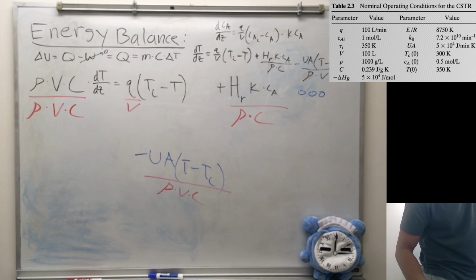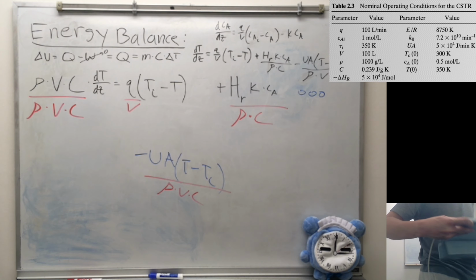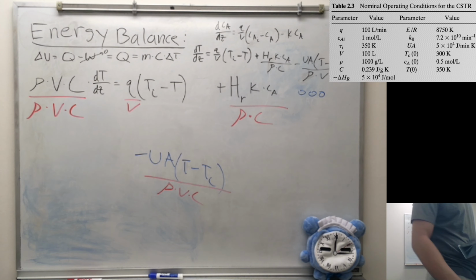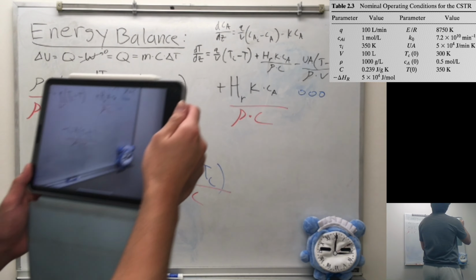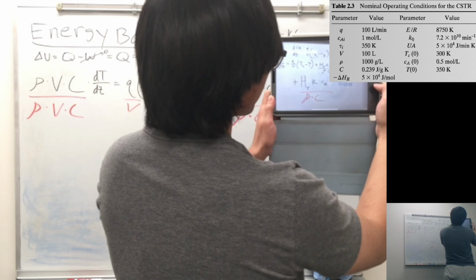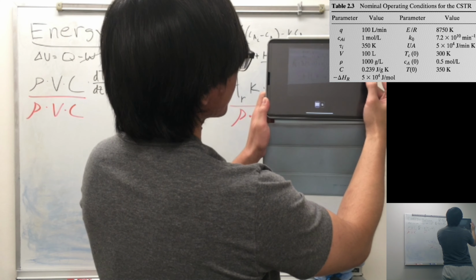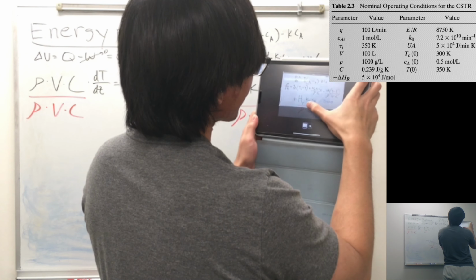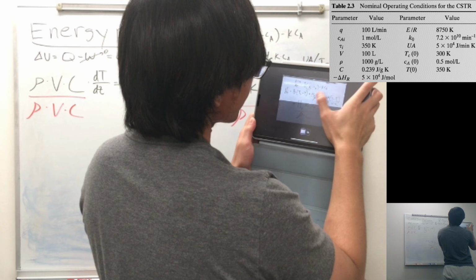I think I can actually take a picture on my iPad, so I'll go ahead and do that. Insert camera, and something like that. What is happening? Okay, I think we got it.